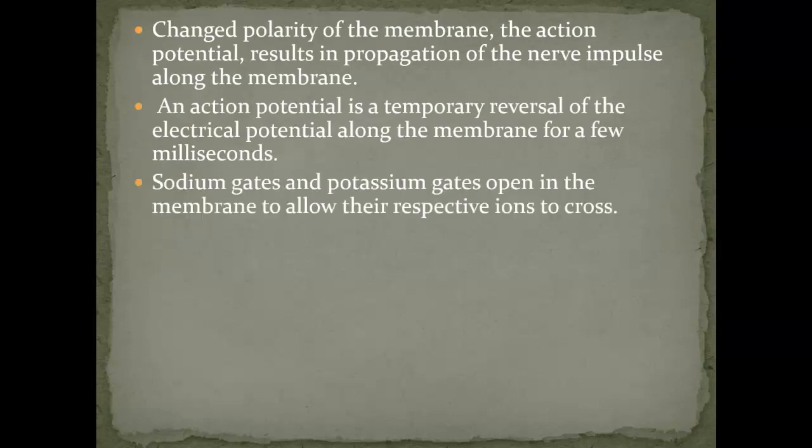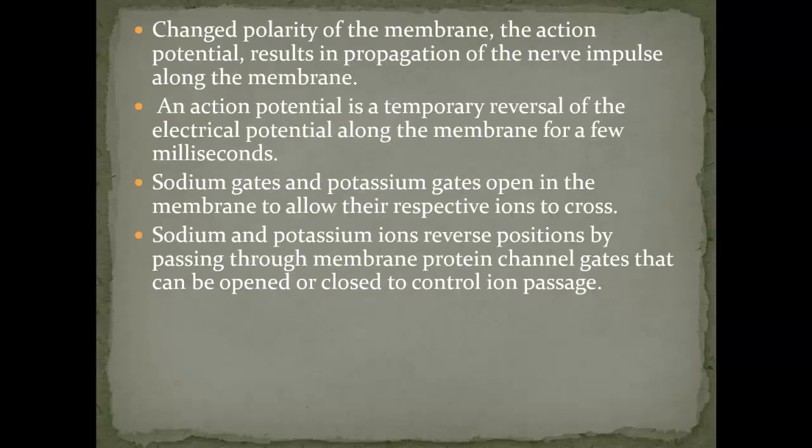So this action potential is just a temporary reversal of the charges. And it's due to the sodium gate, which is a protein, and the potassium gate, which is also a protein, opening to their respective ions, allowing those ions to cross very quickly. Basically, they change positions.